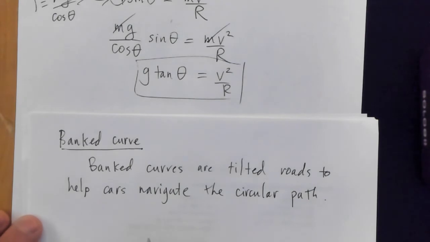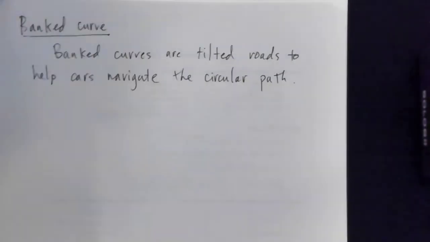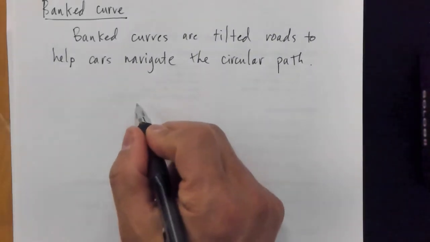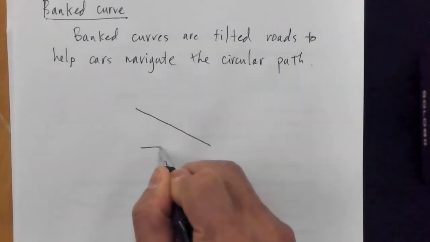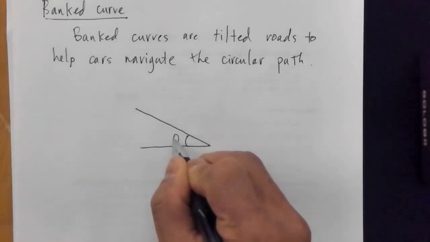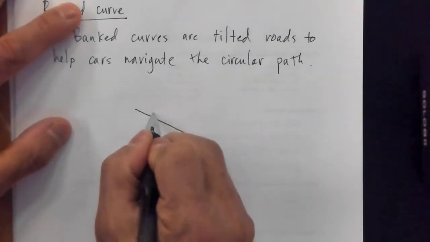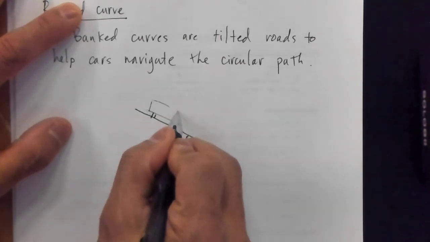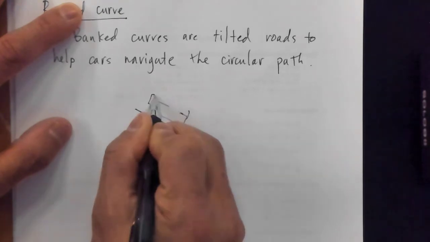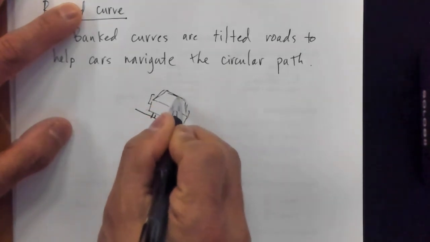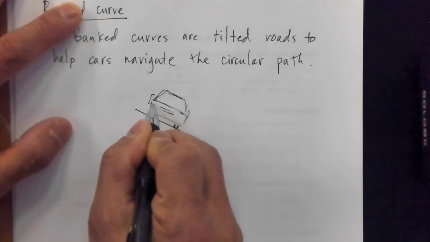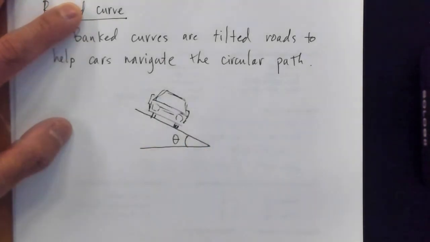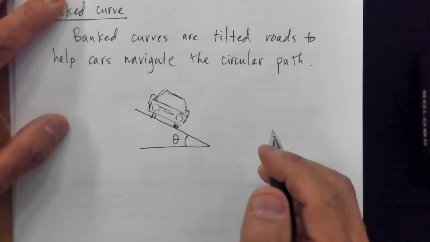Okay, so what's going on here is you have this inclined plane, essentially, and it's at some angle theta. And then you have, here's your car, tires here, and let's drive a little car here.